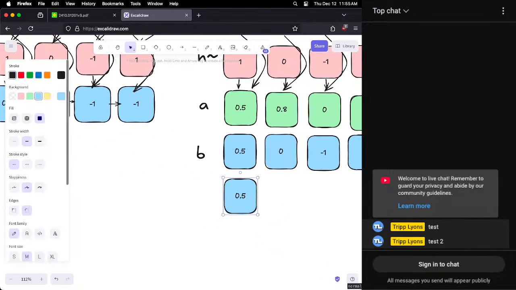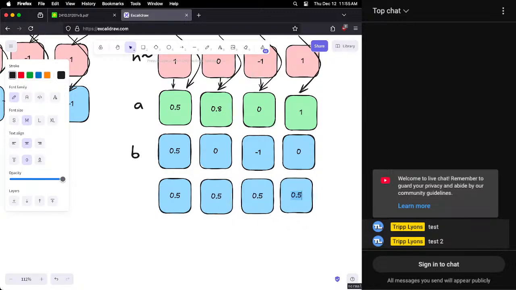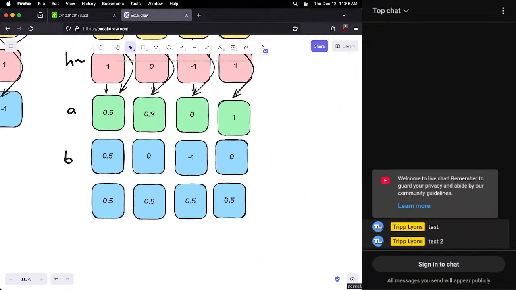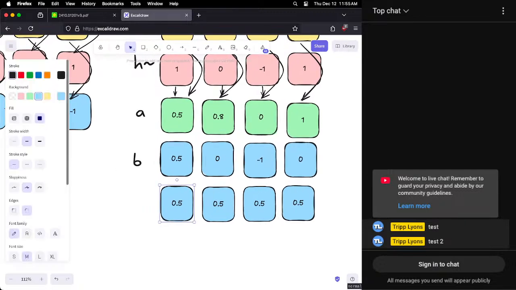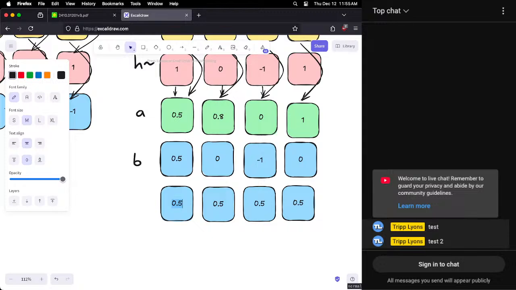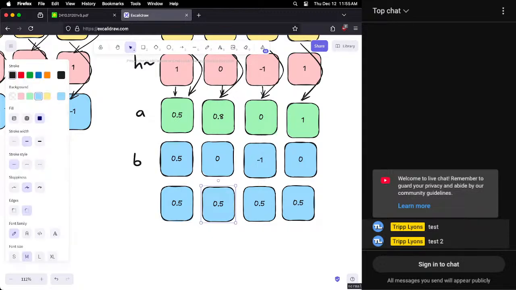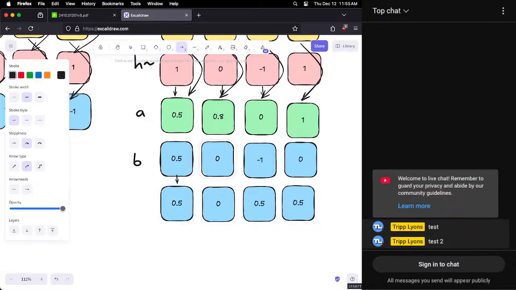And then let's copy all these over. Here we have A times the previous one. Since the previous is 0, we'll ignore it for now. We'll just say that these two don't get updated. There's no previous, so you just copy the value over.